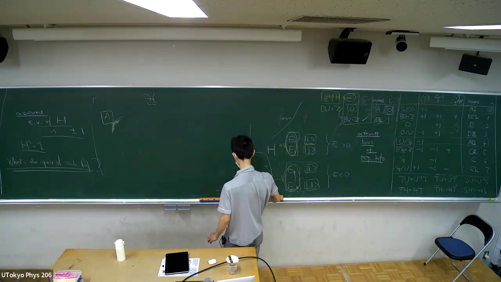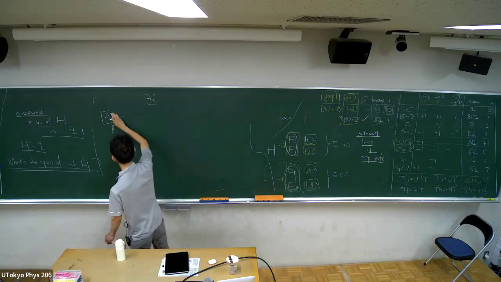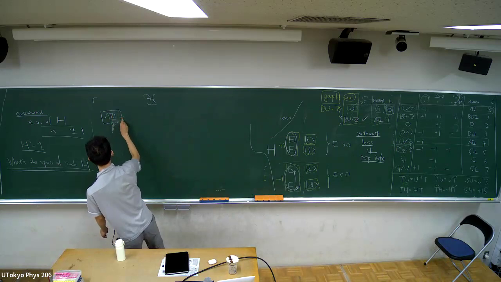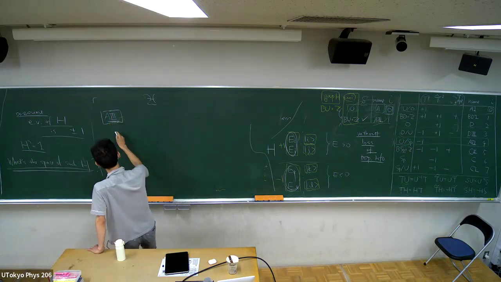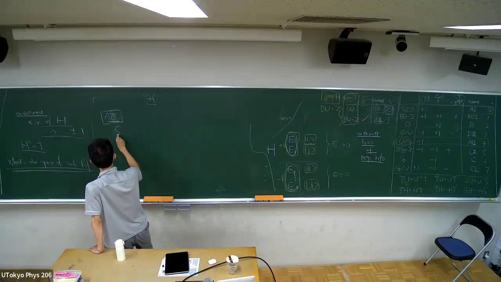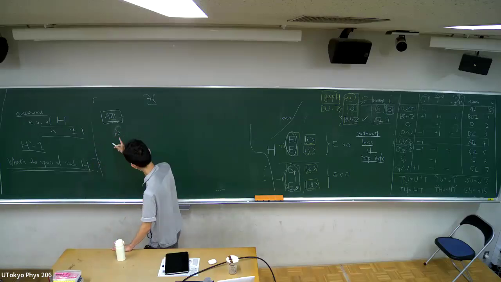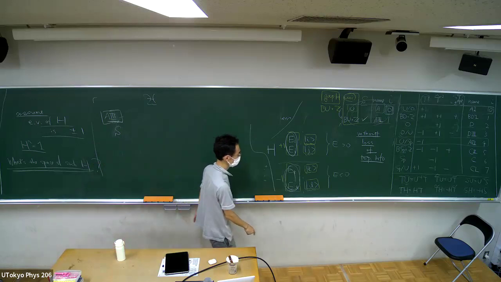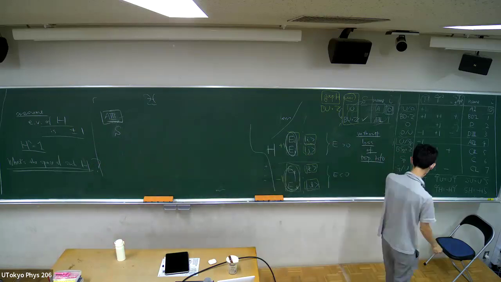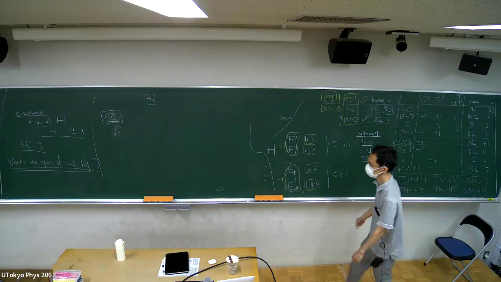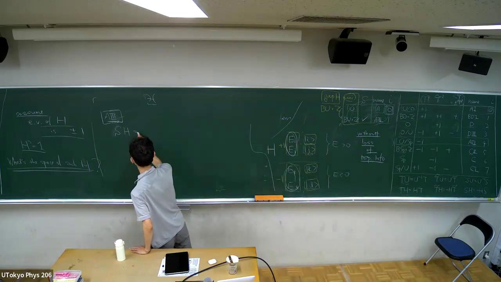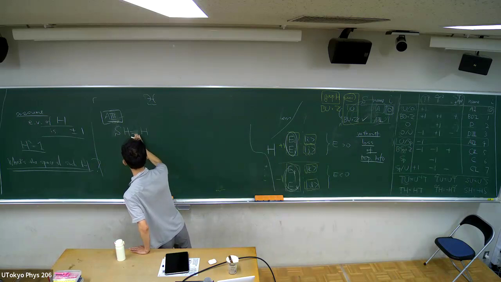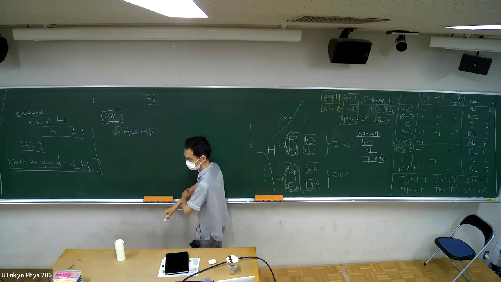Let me do the analysis in the A3 case, right? So here we already have S's, original S, right? And the original S is supposed to have the relation with H that they anti-commute, right?